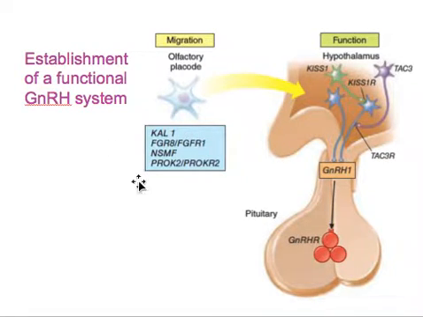If you have mutations such as in your KAL1 gene, your FGFR1 gene, and so on, if these genes are defective, then you can have the failure of migration of your GnRH neurons into your hypothalamus, and you can have your Kallmann syndrome.